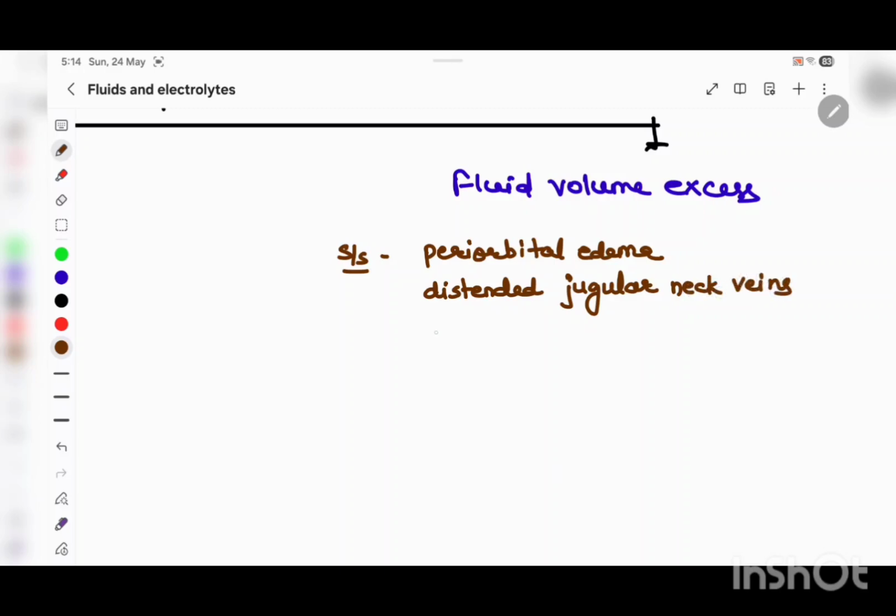And fluid volume is increasing means there can be chances of congestive heart failure. If fluid volume will increase, the heart will not be able to pump the fluid properly, so there can be congestive heart failure. And next, if fluid volume increasing, then ICP will be increasing. Fluid volume in the brain will be increasing.